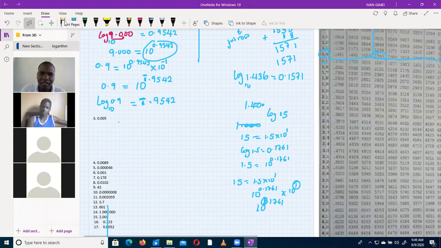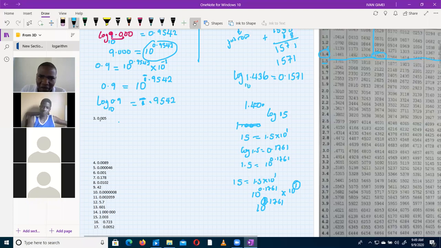Let me delete this also. It is affecting the working space. Now I'm looking for the logarithm of 0.005.